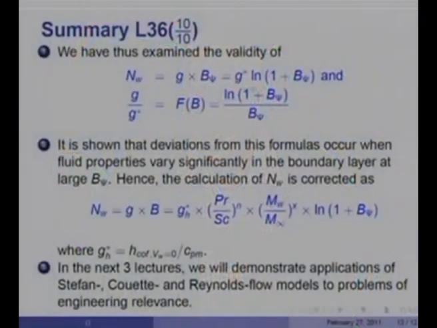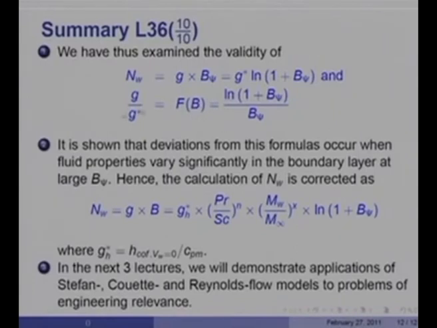So, then in summary, I would say that we have thus examined the validity of N_W equal to g_B psi equal to g star ln 1 plus B psi, and g over g star is in fact equal to f of B, which is ln 1 plus B psi by B psi. But this applies only to very small mass transfer rates B psi. When B psi is very small, this relationship we have verified by looking at the laminar flow boundary layer data that we had computed earlier, and also the turbulent flow data.